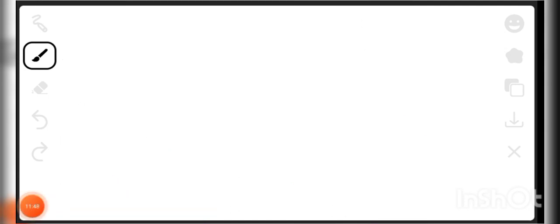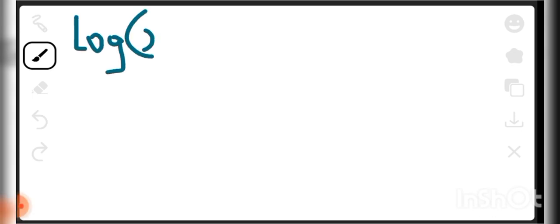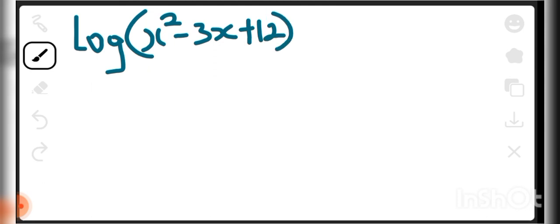Now let's look at this question. If log of x squared minus 3x plus 12 to base 10 is equal to 1, what must be the value of x?